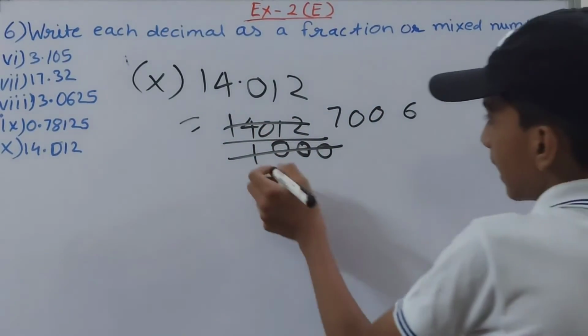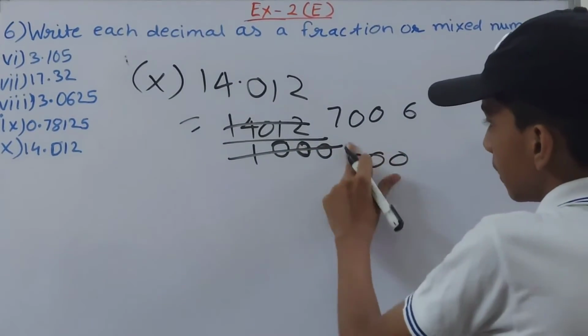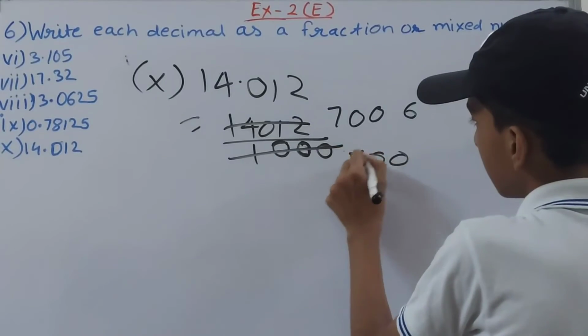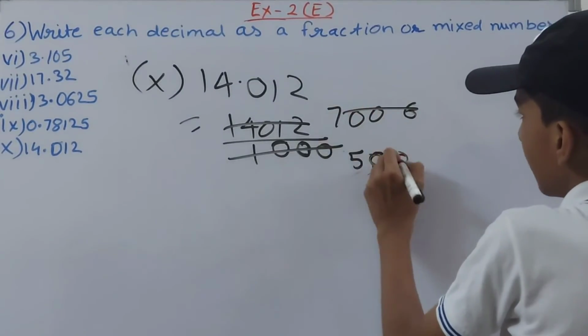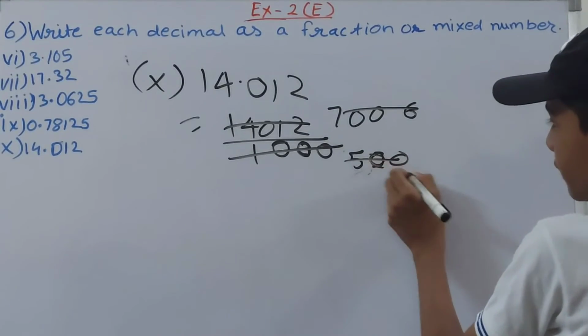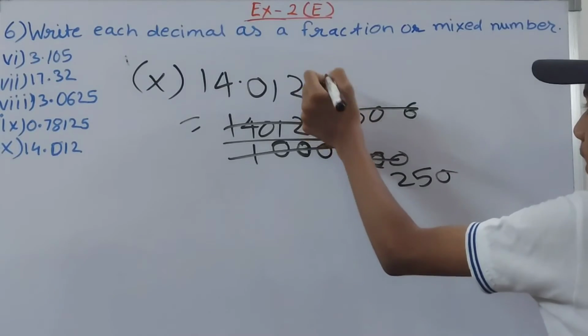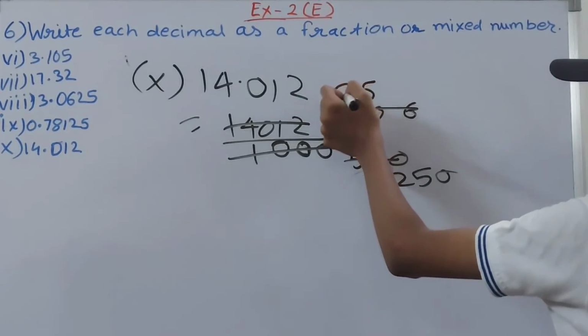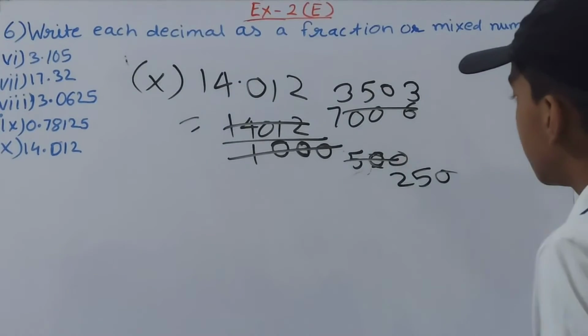Now here we'll have it here 500, not 200, 500, right? Pretty clearly visible. And now this 500 again will cancel by 2, right? So we have it here 250, and here we'll have 3 and 1 there, so 5, right? And 0 and 3, so 3503.